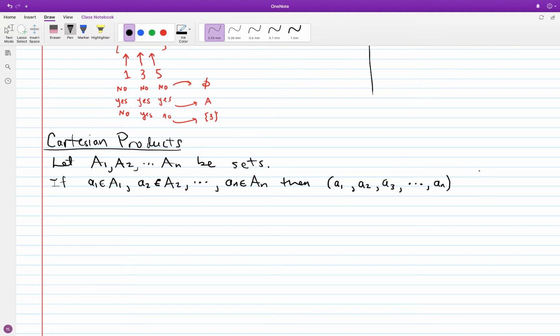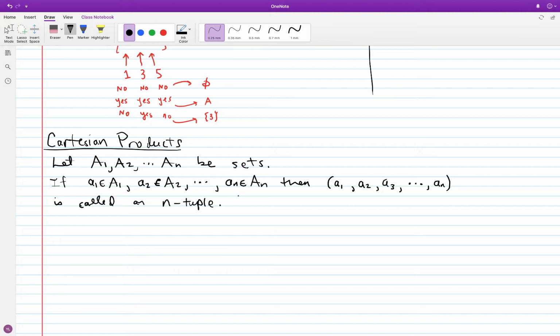So it's like a sequence, right? But it's finite. Then that list in the parentheses is called an n-tuple.